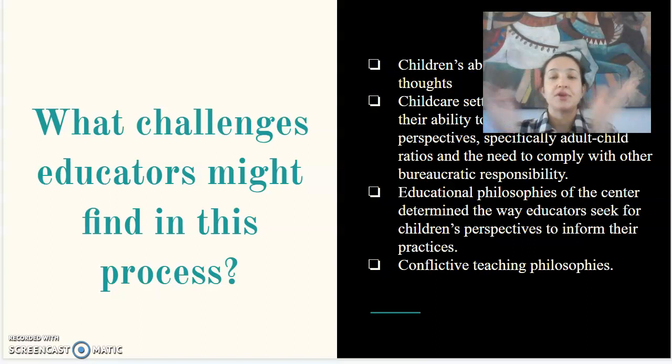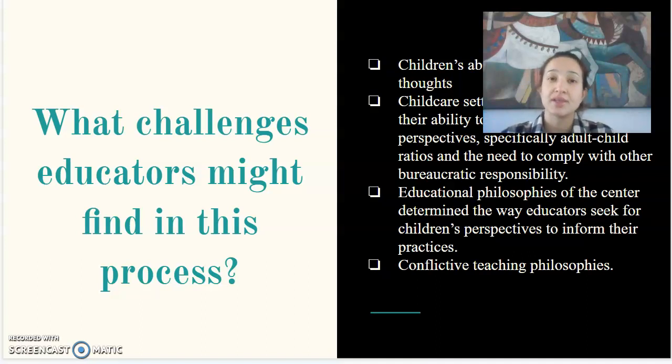And of course, if you are just focusing on academic goals, you won't be interested in understanding which goals the child will have or will want to pursue. And the conflicting teaching philosophies.